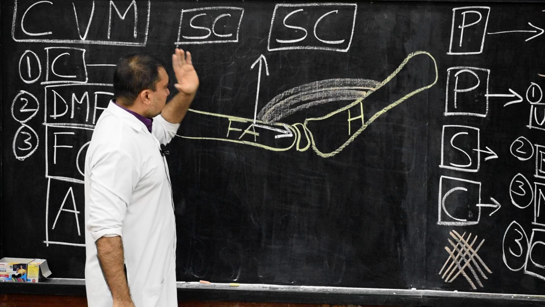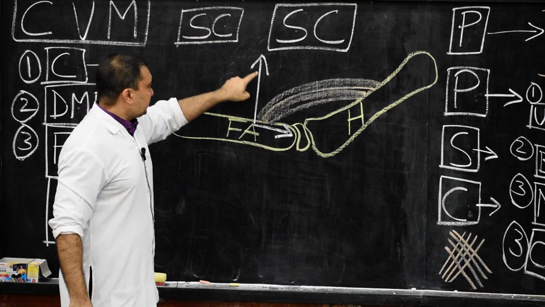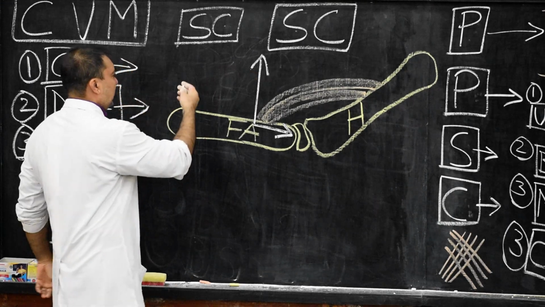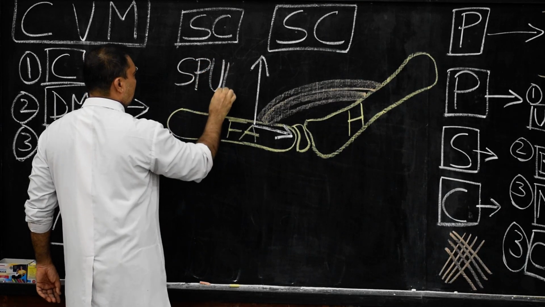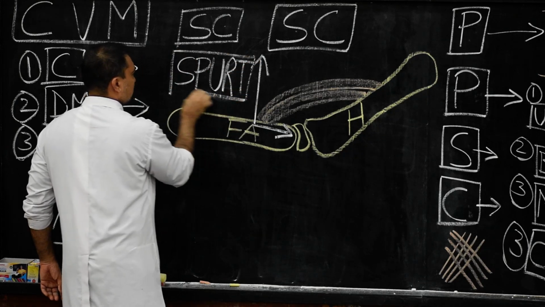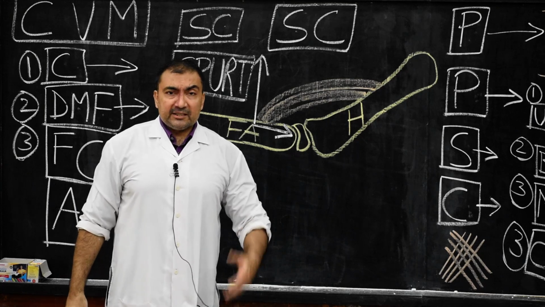Therefore, the muscles which have more of swing component, more angular movement, will be known as spurt muscles. Very important, one mark. What are spurt muscles?